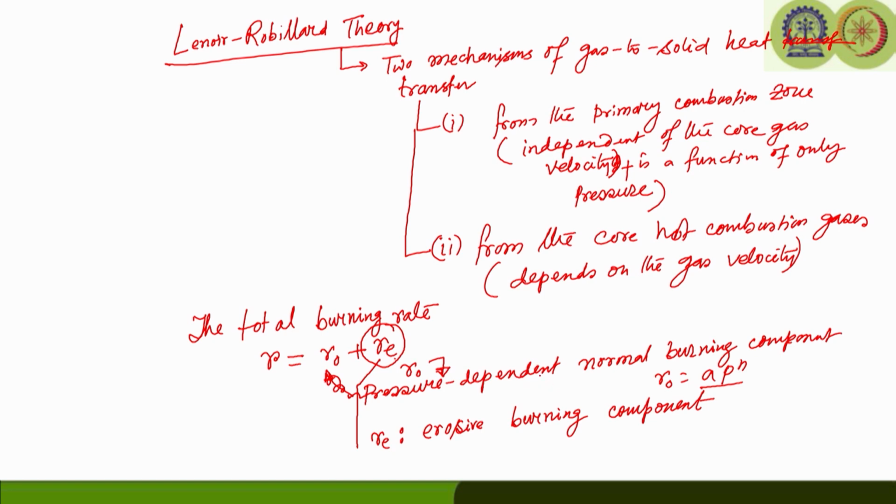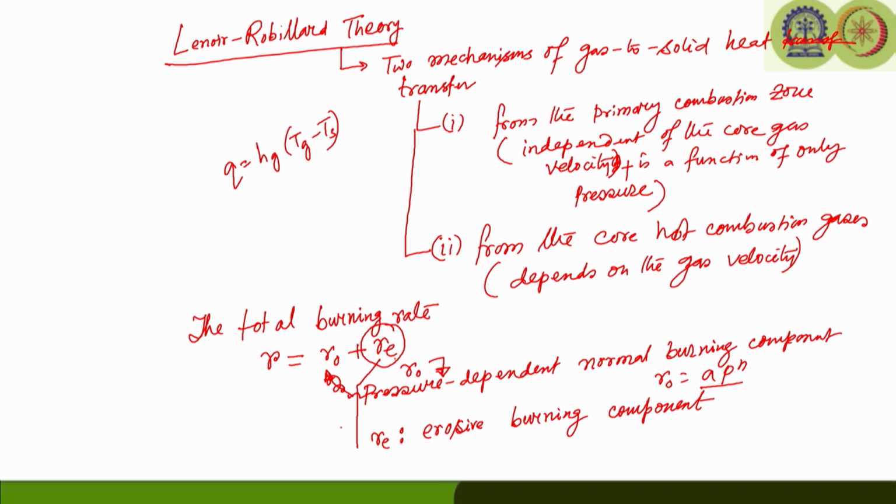Now, in general, as I said, for the heat flux from the gas flow to the wall surface, if the heat transfer is Q, we can relate it with the equation Q equal to Hg into Tg minus Ts.